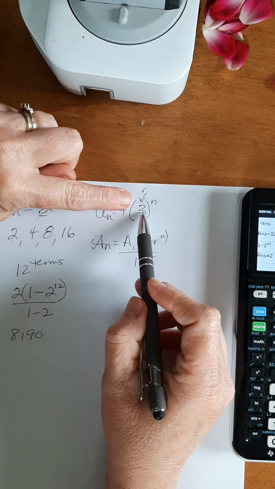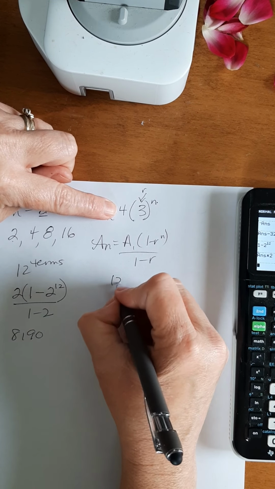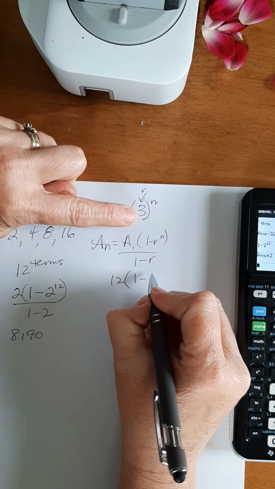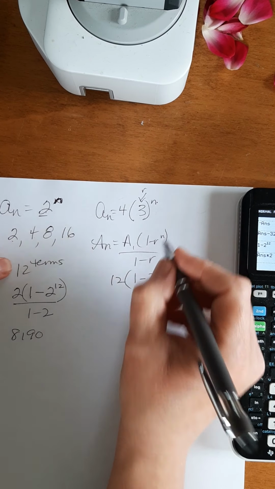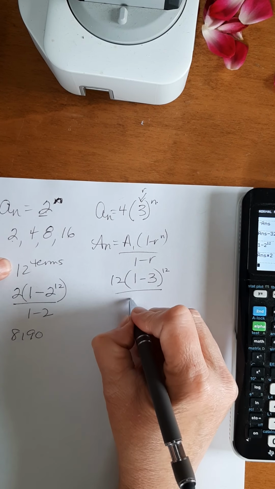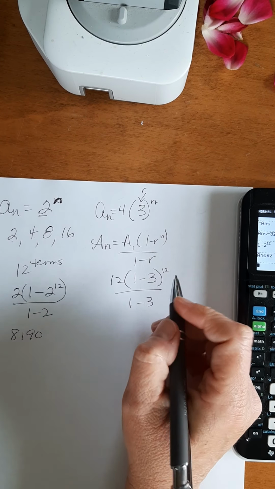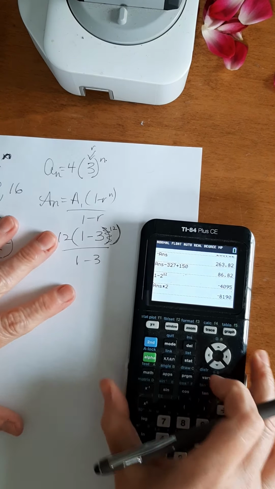So first term, plug in 1, 3 to the first times 4, 12. 1 minus 3, and we'll still stick with the first 12 terms. So 12 over 1 minus ratio. Oh, sorry. And that should go there.